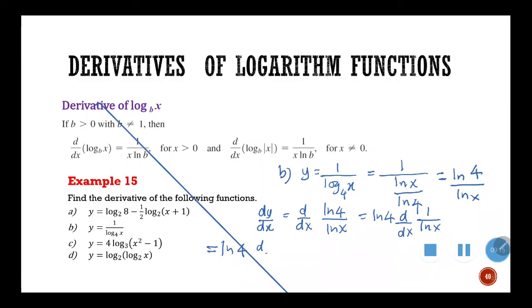It is ln x to the power of negative 1, right? We bring it up, so it becomes ln x to the power of negative 1.